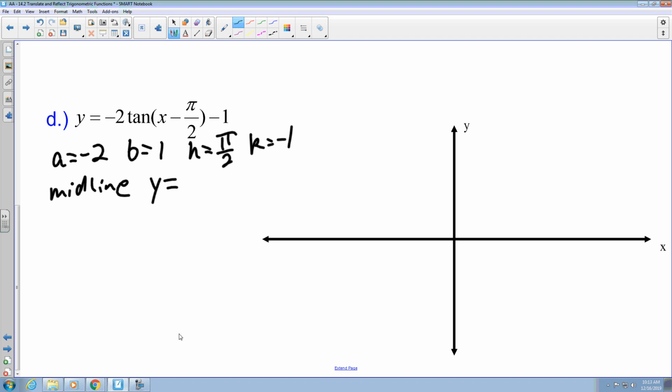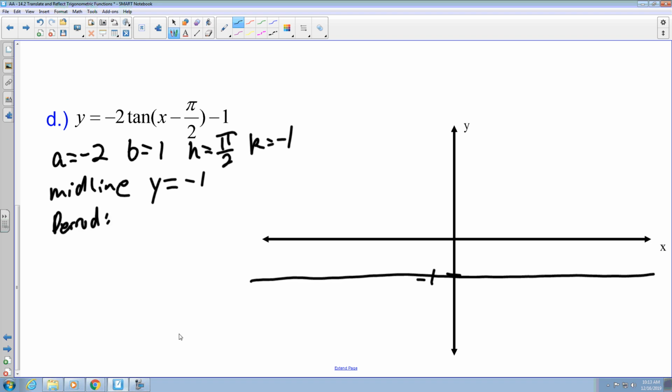It's y equals k, which is negative 1. So I find negative 1 here, and I draw my midline, okay? My period for this function is pi over b, which is 1, so it's just going to be pi. So I'm just going to put pi right here. I can even put 2 pi to illustrate another one for us.